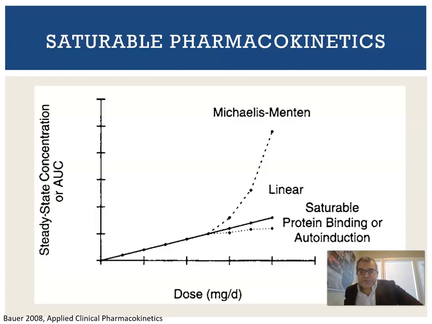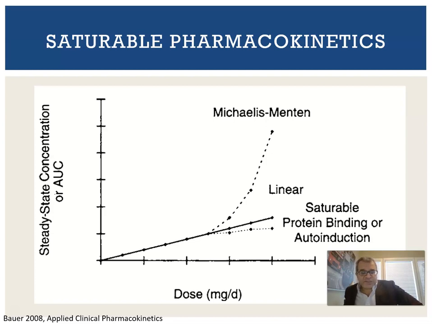The absorption, distribution, and disposition processes mentioned earlier could be saturable in some drugs. So absorption, distribution, and metabolism could be saturable, leading to nonlinear, unpredictable pharmacokinetics. In this graph, which shows a plot of the dose versus the AUC, for most drugs the relation between the dose and AUC, the area under the concentration time curve, is linear. The higher the dose, the higher the concentration, the higher the AUC.